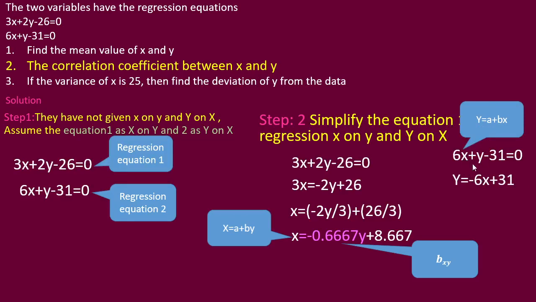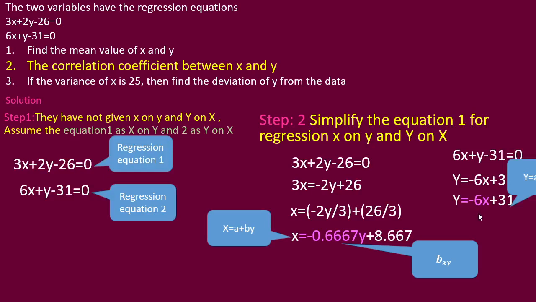So y equals, plus 6x will become minus 6x, minus 31 will become plus 31. Now we can check here, minus 6x plus 31, it's in our standard format y equals a plus bx. So here a is 31, a constant number, and the b value is minus 6. So byx value is minus 6.